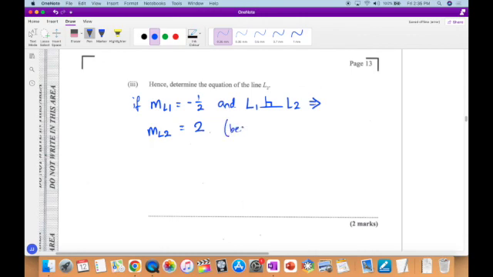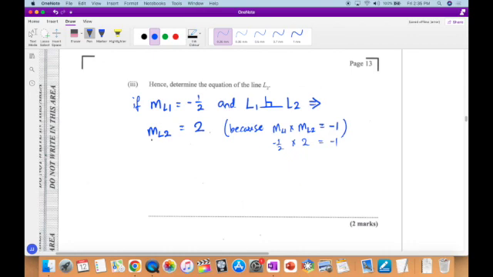Why? Because the m of L1 multiplied by the m of L2 must be equal to minus 1 if they are perpendicular. And so negative a half can only be multiplied by 2 to get minus 1.